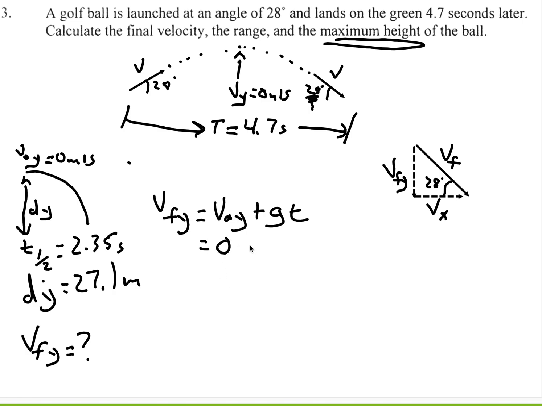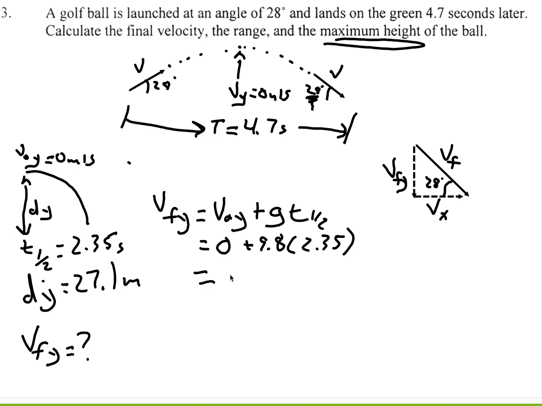So this would be 0. This would be 9.8. And remember, we're going to use that half time here because anything in the y, we're going to use the half time. So that'll be 2.35. And 9.8 times 2.35 is going to be what?